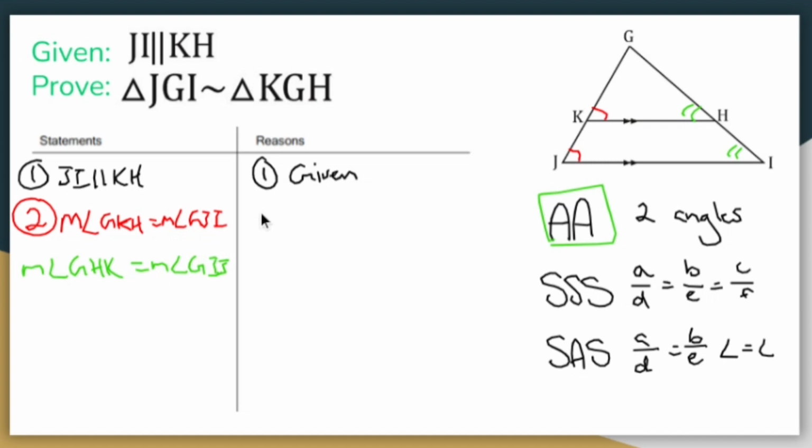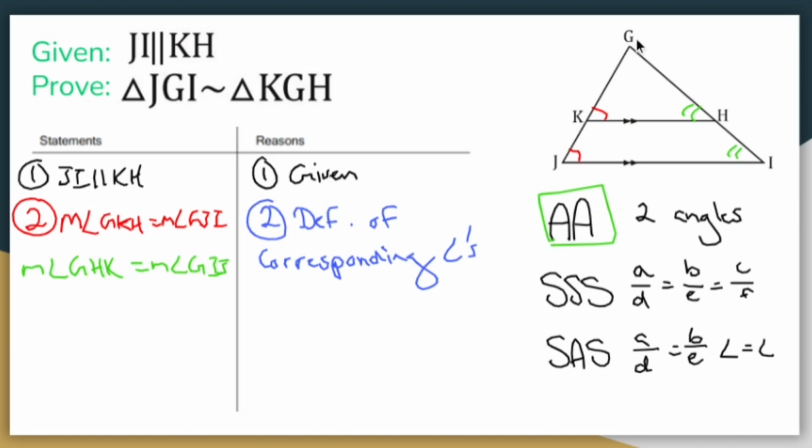Why is that? That is the definition of corresponding angles. Now, if you have a really mean teacher that doesn't accept double A, which is ridiculous, and they force you to do triple A, AAA, then the third angle would be G is congruent to G using the reflexive property.